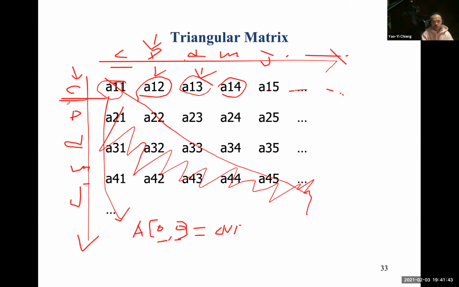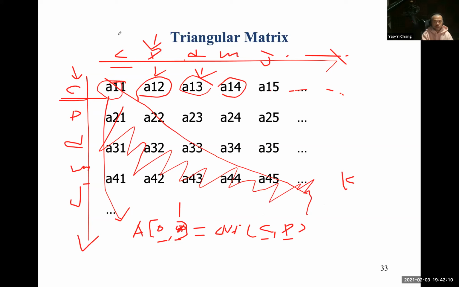So row 0, column 1, so 0, 1. 0, 1 is the counter for Coke and Pepsi. Okay, so this means we do not really have to store that key. We don't need to store the key Coke and Pepsi. We only need their ID.